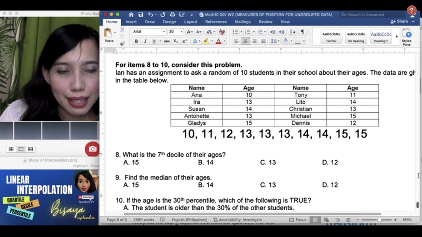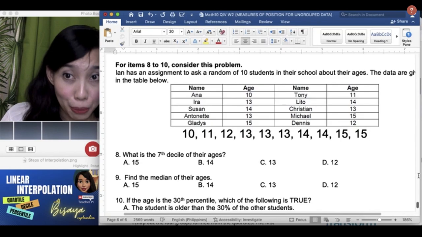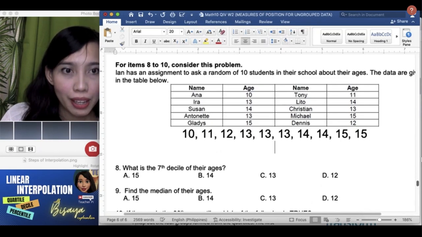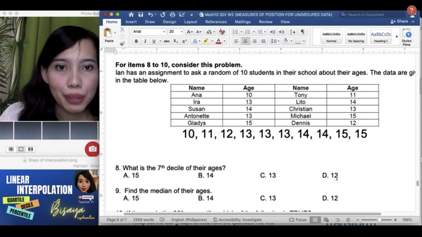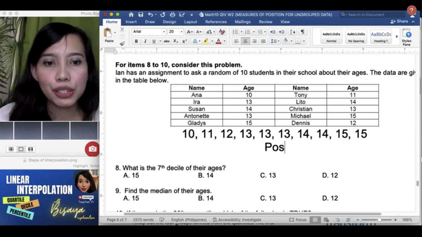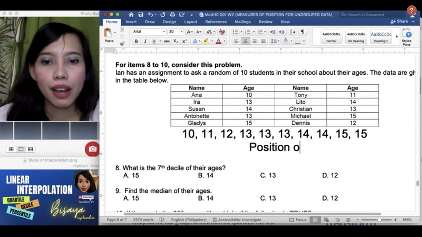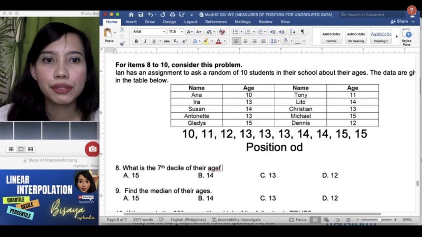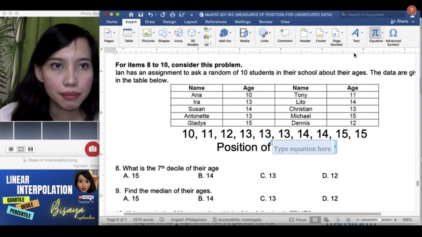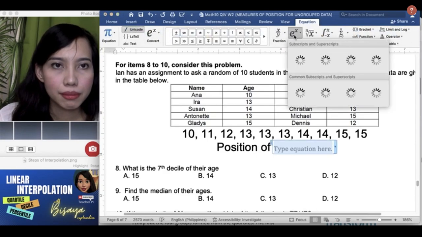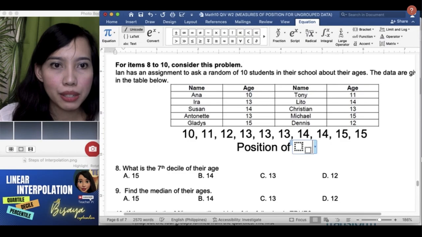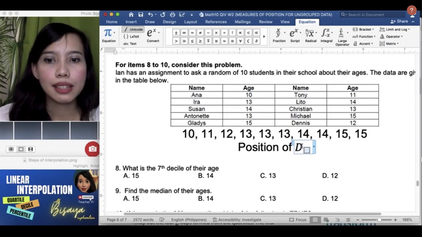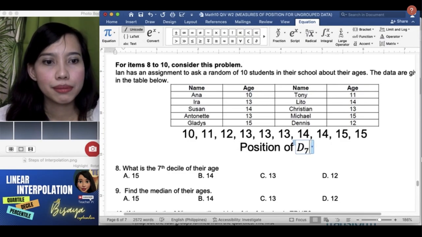How do we get the 7th decile? It's 70%. Okay, so simply we have the position of D sub 7. By the way, here is how we insert the equation.